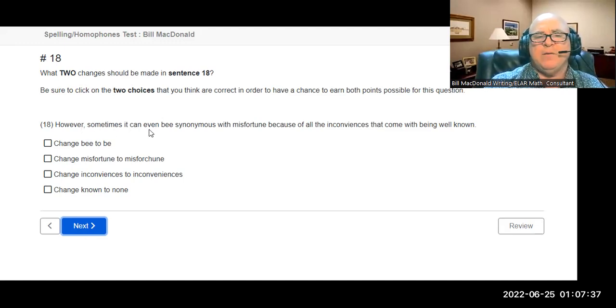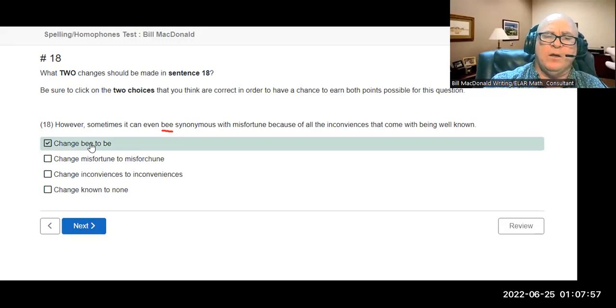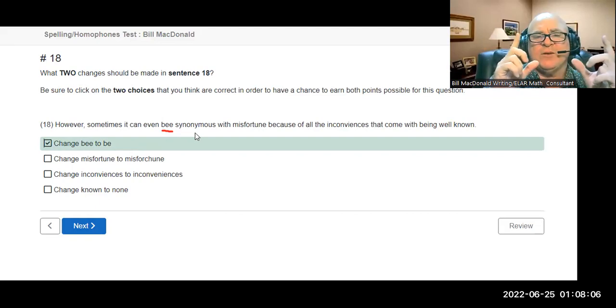Sometimes it can be, doesn't look right, "synonymous with misfortune because all of the inconveniences that come with being well known." So for sure it's going to be change B to B. And I do know the mistake, but I'm pretending like I'm a student who's reading very quickly, and I was taking quick pictures instead of slowing down and saying, let's break words apart.